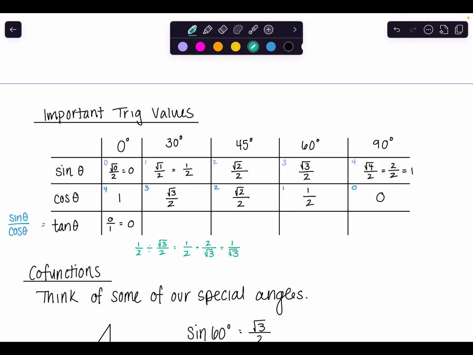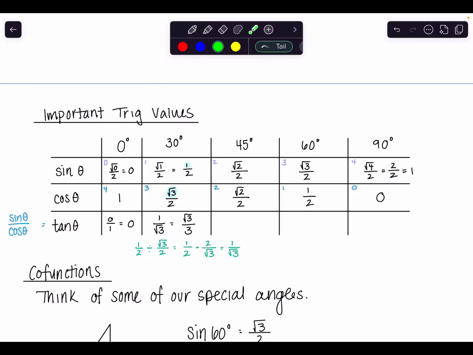So you end up with 1 over root 3. So again, it doesn't matter what that denominator is. The r doesn't matter. You just take the y and the x. So here you end up with 1 over root 3, which you do need to rationalize. That's root 3 over 3.